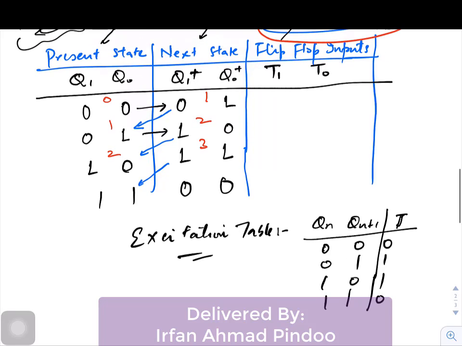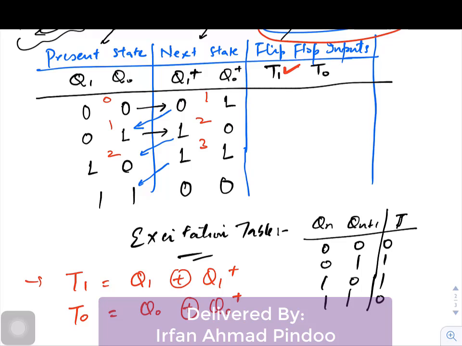Now again very important, if we have to complete this column of T1, then I will note it down here: T1 is equal to Q1 XOR Q1 plus, and similarly T0 is equal to Q0 XOR Q0 plus.